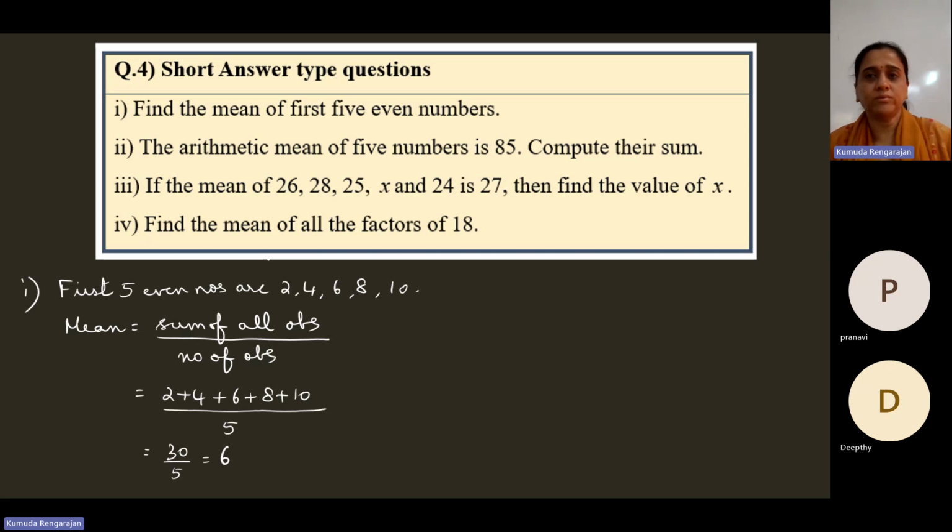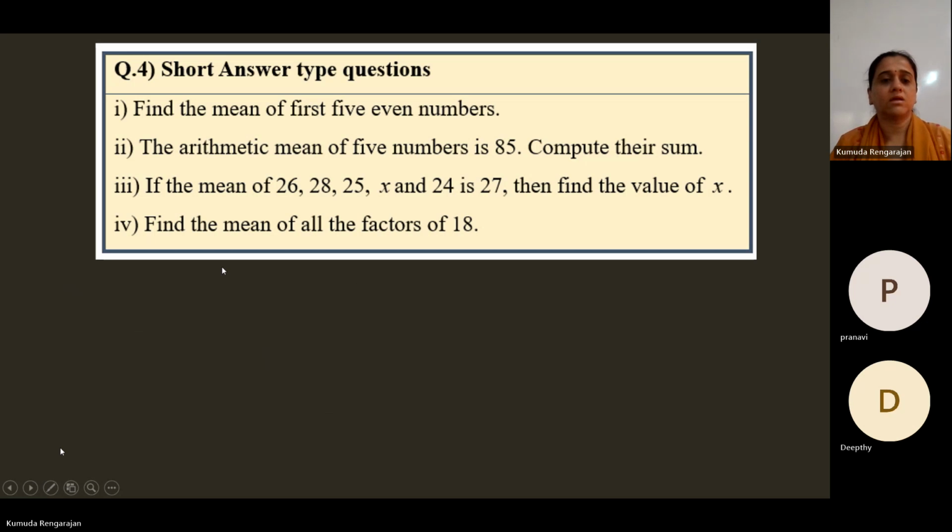Done, children? All of you? Yeah, next one. The arithmetic mean of 5 numbers is 85. Compute their sum. Okay. So what's the formula?